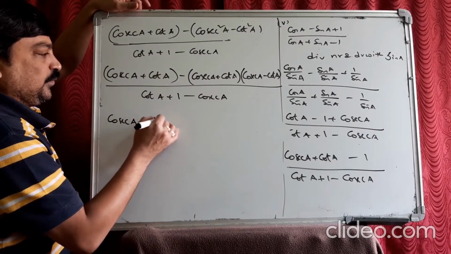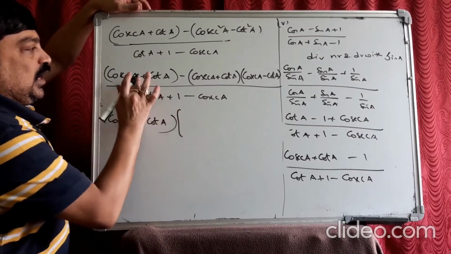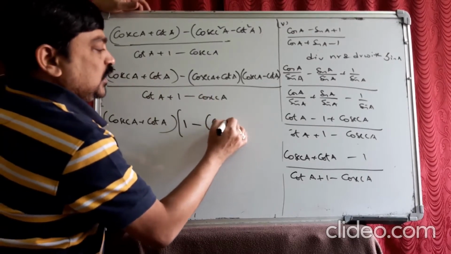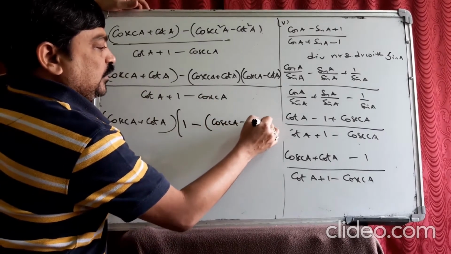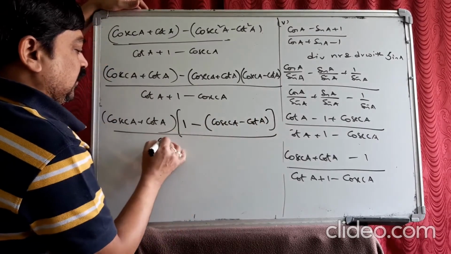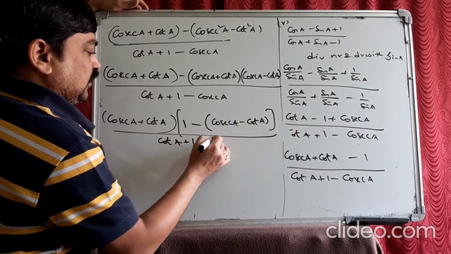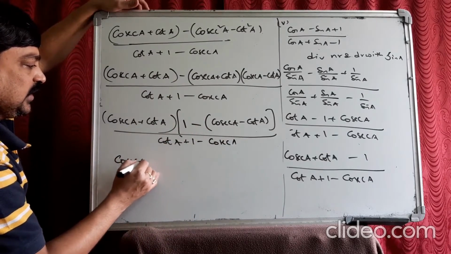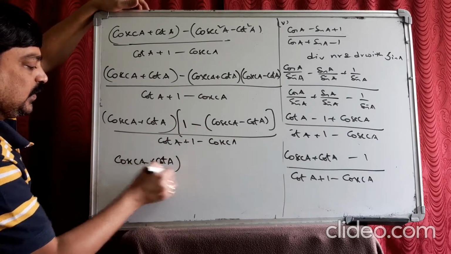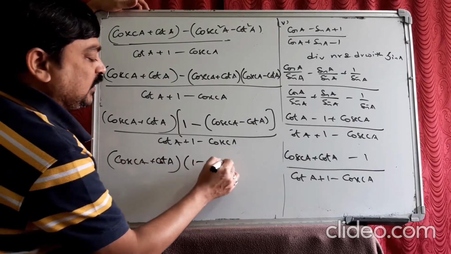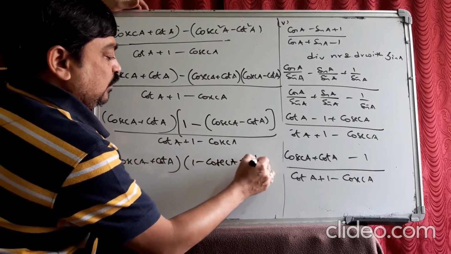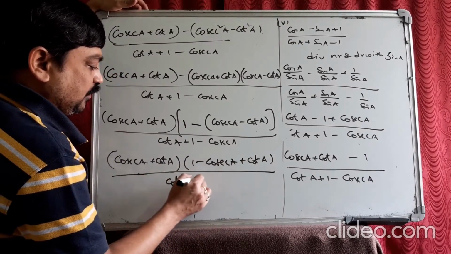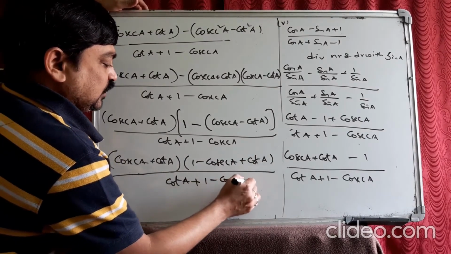So here you will have 1 minus the bracket (cosecant A minus cot A), by cot A plus 1 minus cosecant A. Now it becomes (cosecant A plus cot A) into (1 minus cosecant A plus cot A) by (cot A plus 1 minus cosecant A).